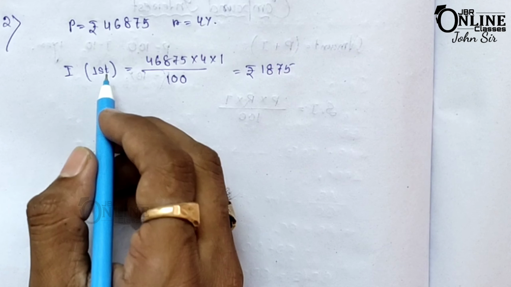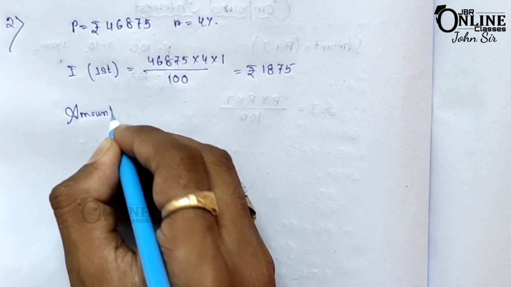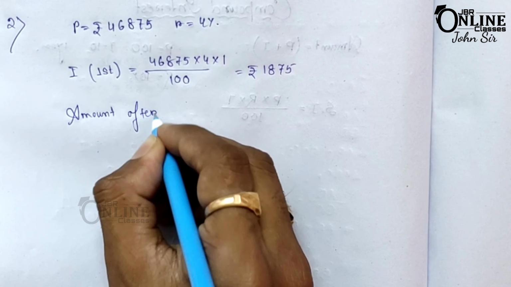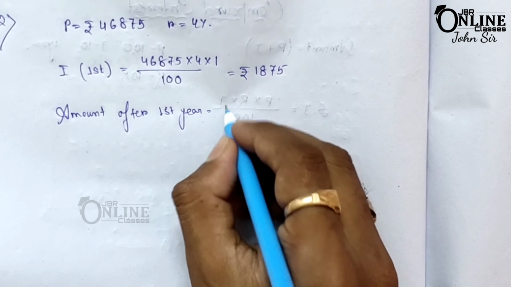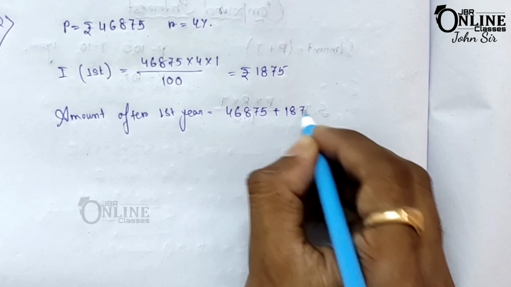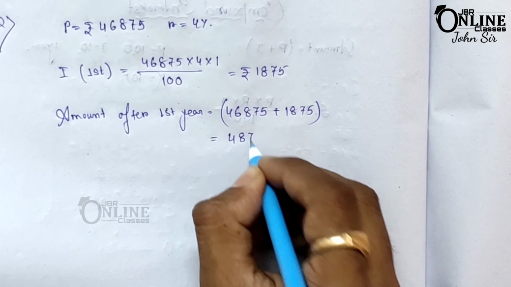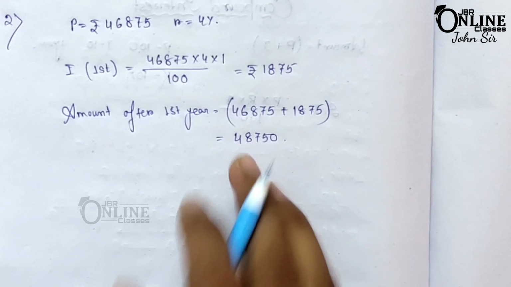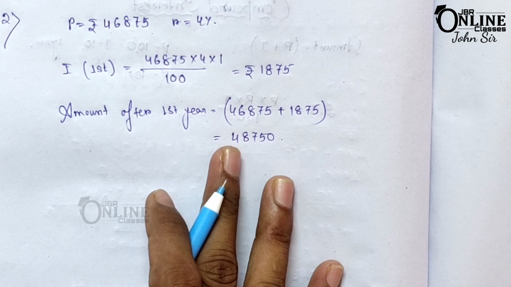So that is the interest for the first year. Then the amount after the first year equals principal plus interest, so that equals 48750. So 48750 is the amount after the first year.